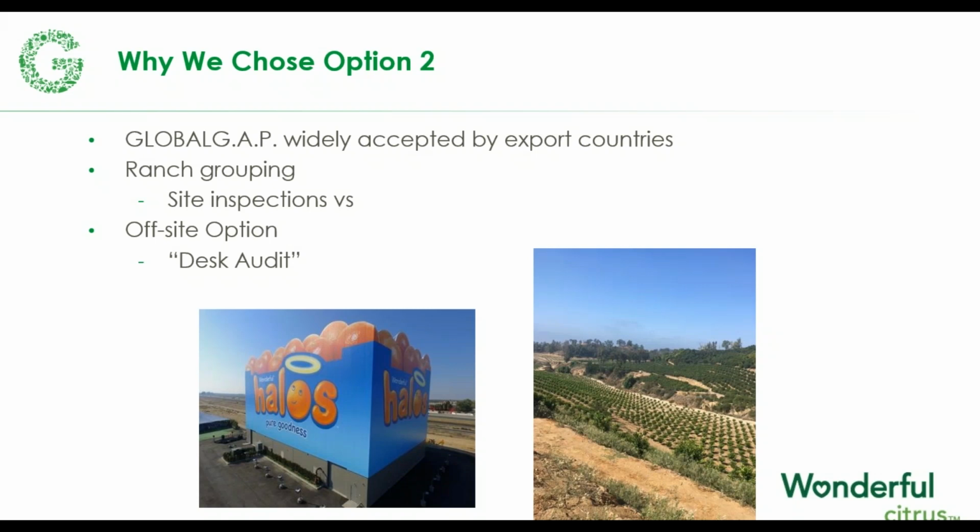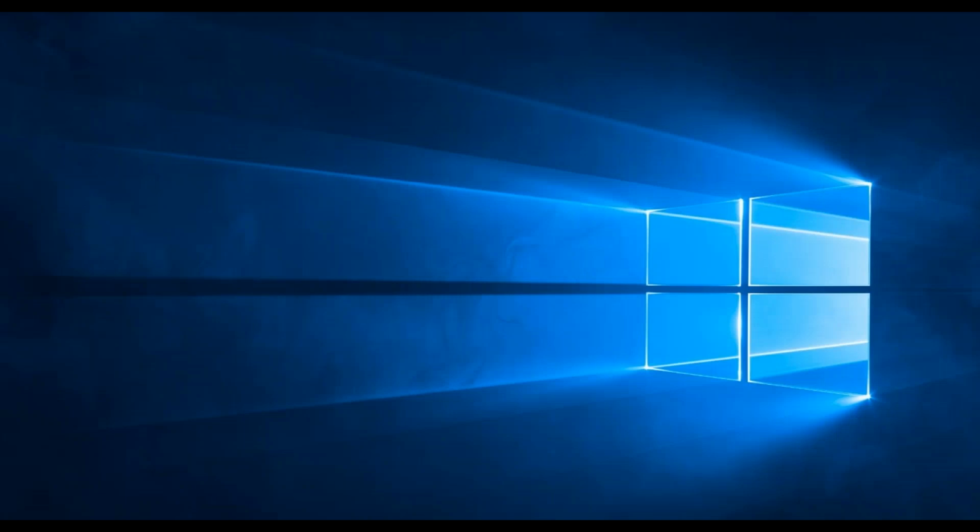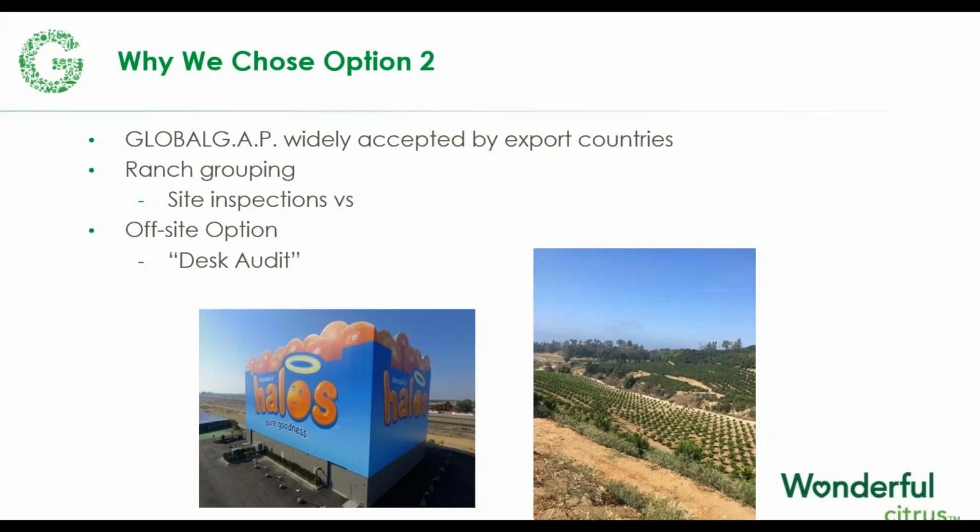Another reason was the ranch grouping process. When you go with GLOBALG.A.P., it requires that you are grouping under the same management, so we were able to group more ranches into one group without having to worry if they were literally adjacent to each other.